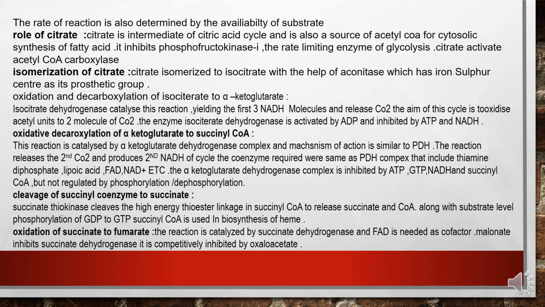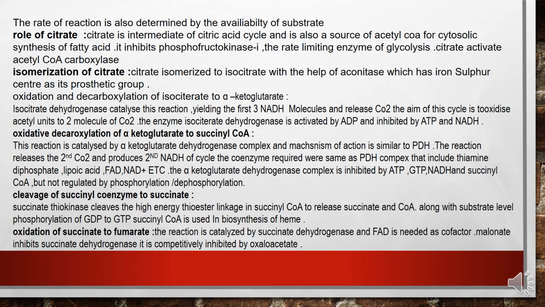The coenzymes required are the same as the PDH complex, which include thiamine diphosphate, lipoic acid, FAD, NAD+, etc. The alpha ketoglutarate dehydrogenase complex is inhibited by ATP, GTP, NADH and succinyl coenzyme A, but not regulated by phosphorylation or dephosphorylation.